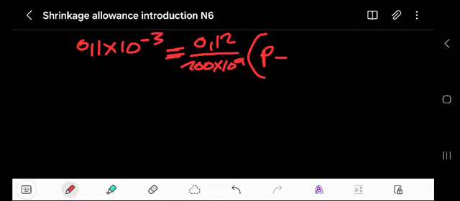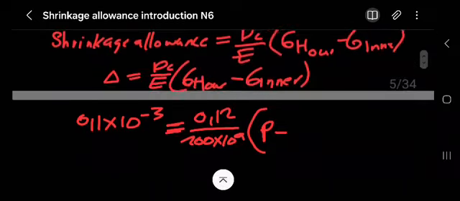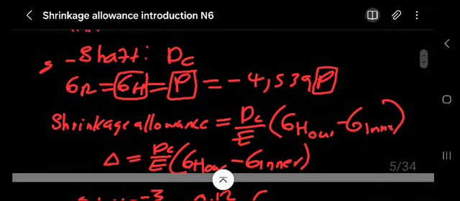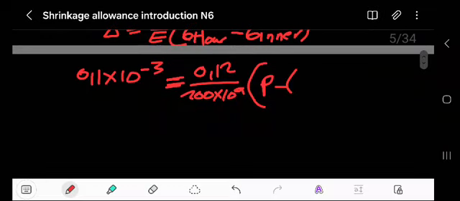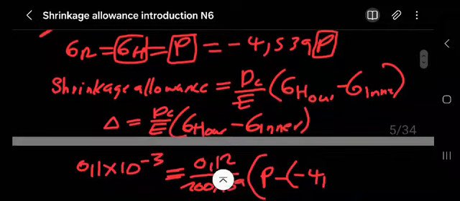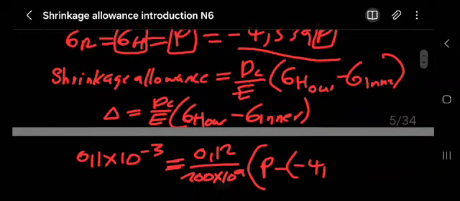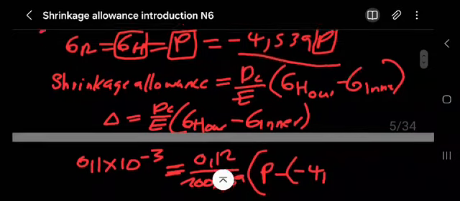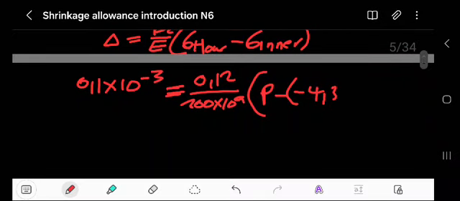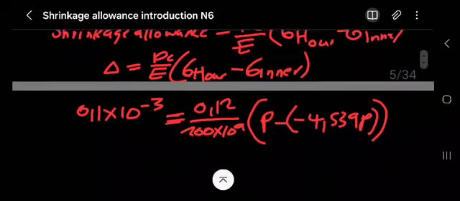Now we had that to be negative again. We've calculated this to be minus 4,539P like that.